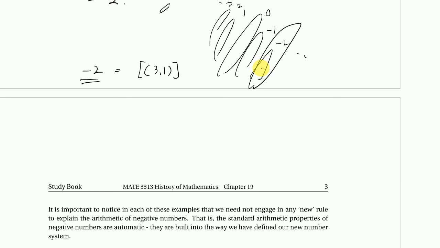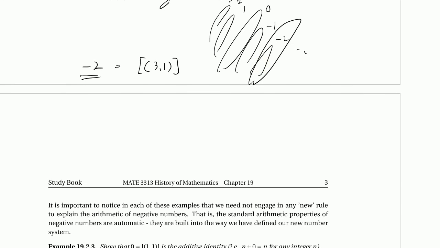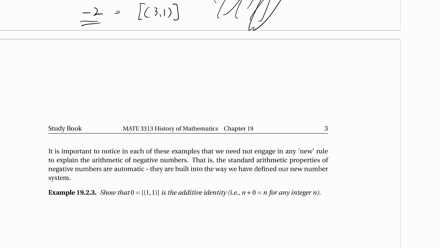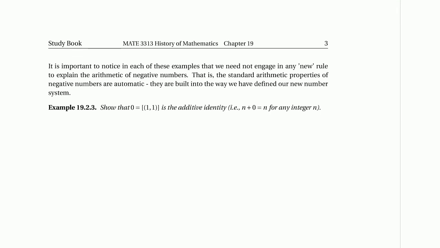So it's a more abstract definition of numbers, right? But we can use this to explain our daily life situations. In algebra, this is very important, so you are going to see this in an abstract algebra course later.